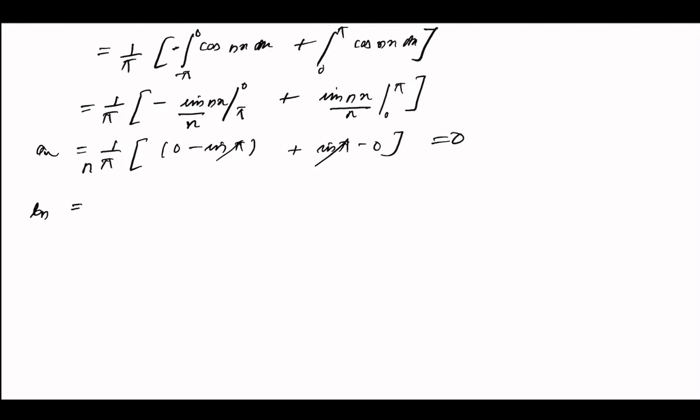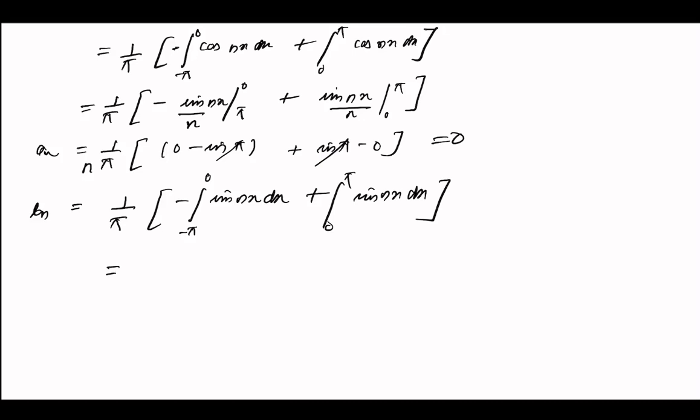Similarly, we can calculate bn, which comes out to be 1 by pi, disintegrated: the integral from minus pi to 0 of minus sine of nx dx plus the integral from 0 to pi of sine of nx dx. You just integrate it and calculate it. What you'll get is 1 by pi, cos of nx by n from 0 to minus pi, plus minus cos of nx by n from pi to 0.